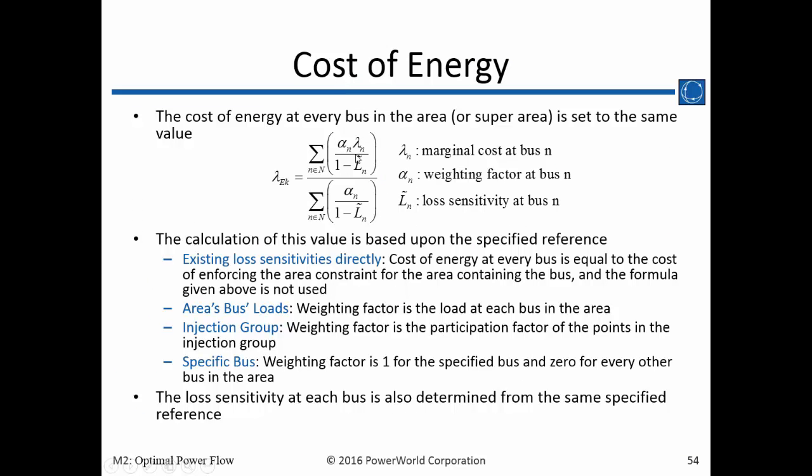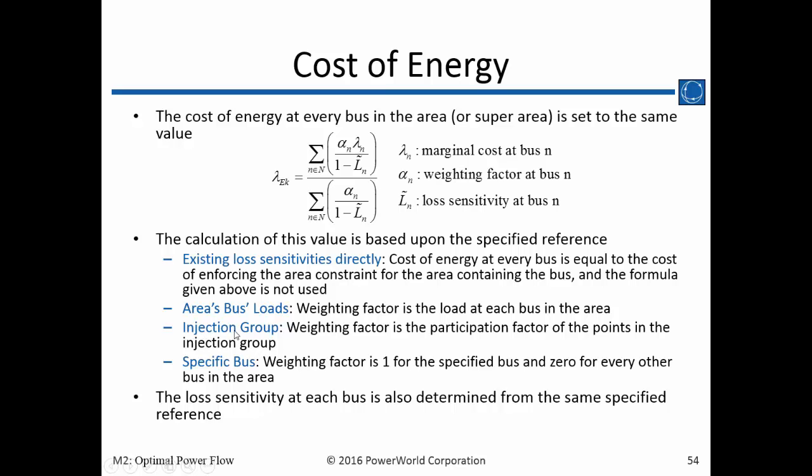So the energy price for every bus in the area is going to be a weighted average of the LMP at all the buses in the area, where the weighting depends on the load. Of course, divided by 1 minus the loss sensitivity too. So that's in there too.